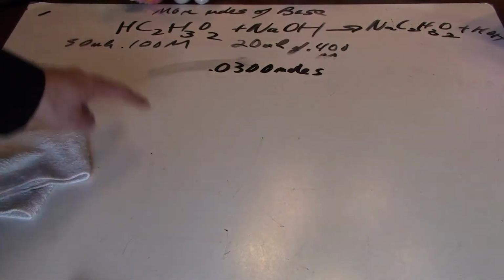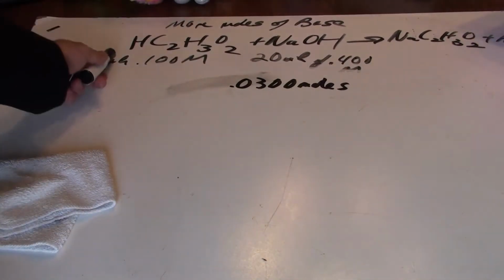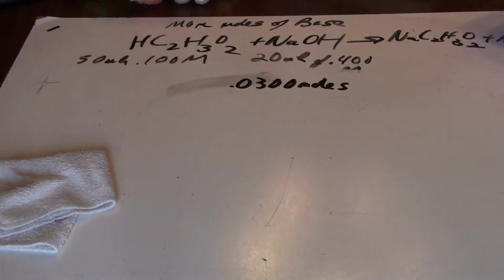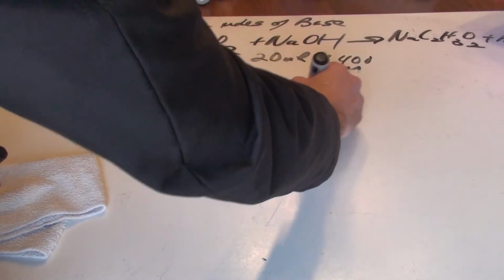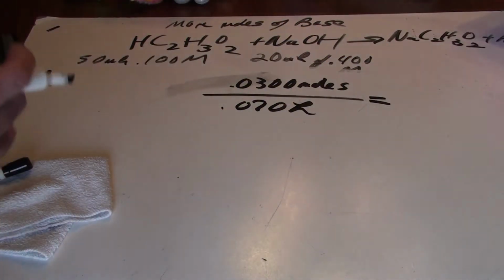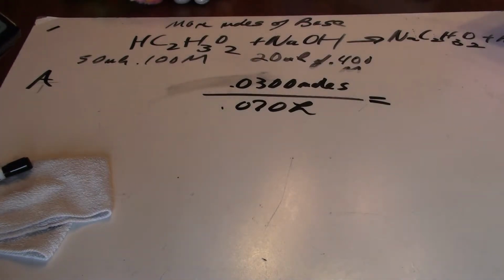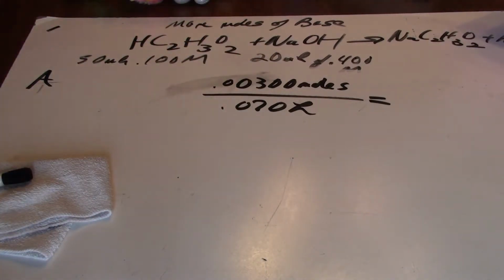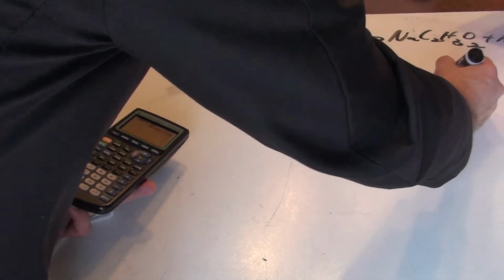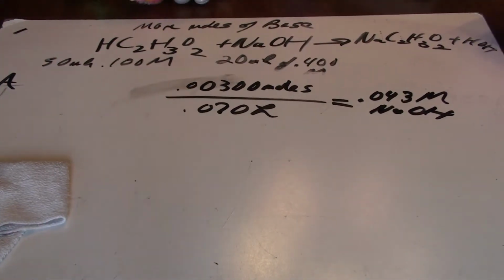And if you recall, we had 50 milliliters of the acetic acid and 20 milliliters of the sodium hydroxide. So after the reaction, our new volume is going to be 0.070 liters. And so when we calculate the molarity of sodium hydroxide after the reaction, our molarity is 0.43 molar.